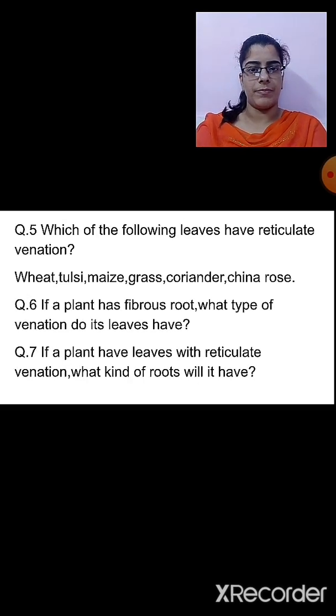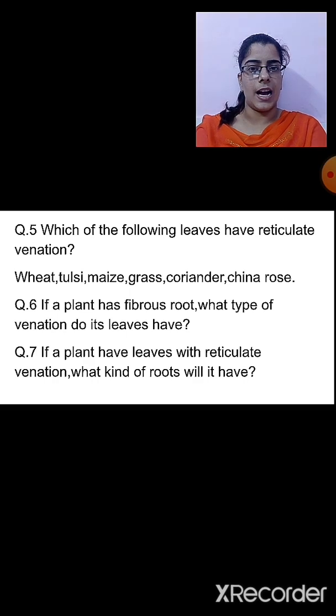Question number 5. Which of the following leaves have the reticulate venation? Let's see. Wheat, tulsi, maize, grass, coriander, China rose. So, in which of these do the leaves have the reticulate venation? The reticulate venation is seen in tulsi, coriander and China rose.